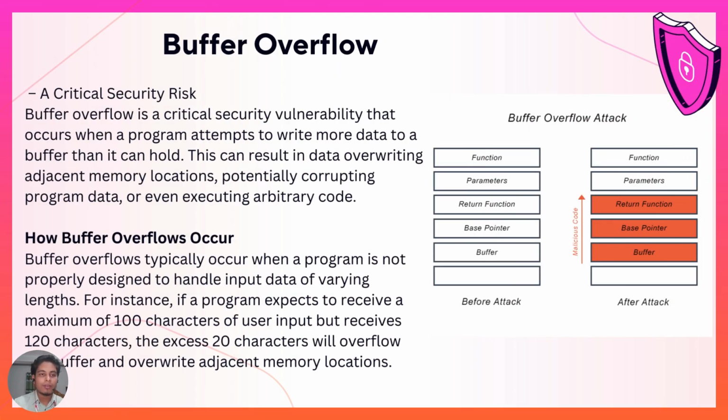Then buffer overflow. Buffer overflow may occur typically when the program is not properly designed to handle input data of varying length. Here we can see the relevant picture of a buffer overflow attack.